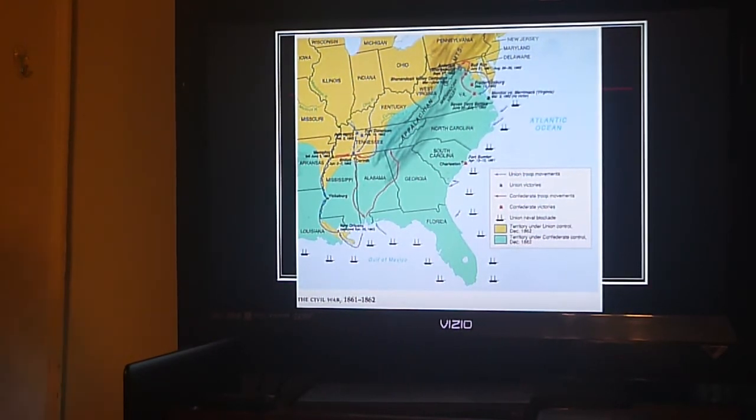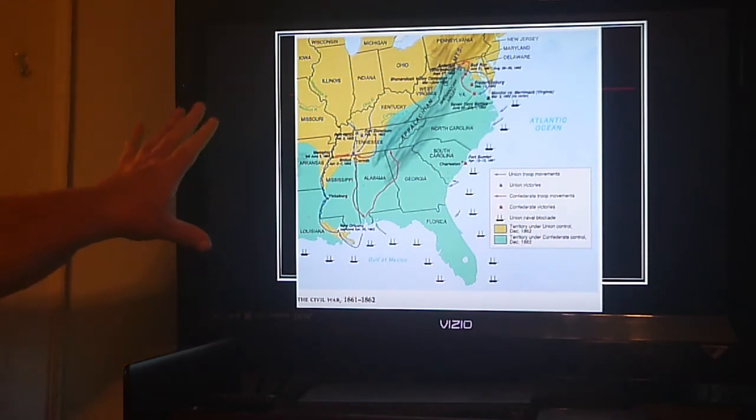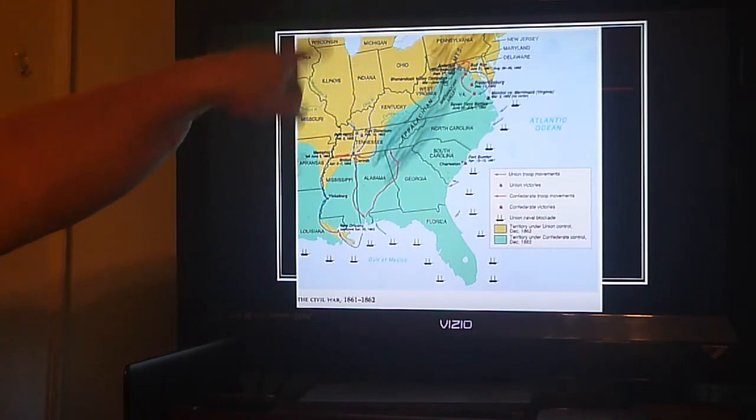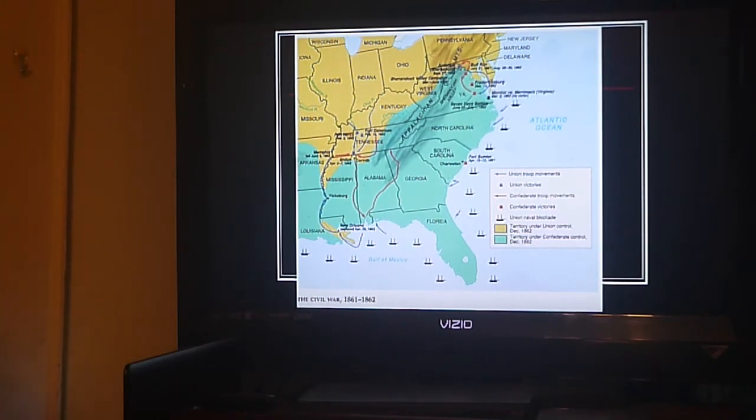So it's a fairly decent strategy that the Union has in the West, and there's going to be massive victories in the West, while Robert E. Lee is going to be trouncing George McClellan and the other generals early on during this period.